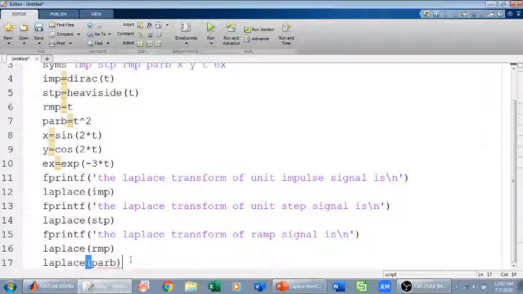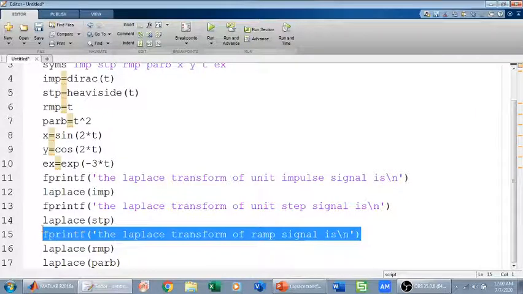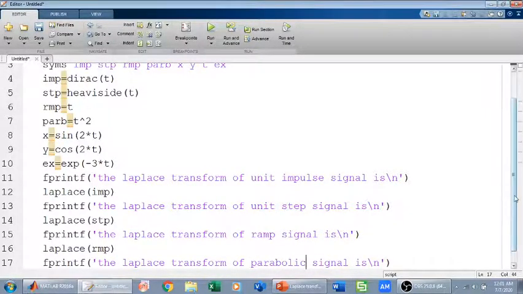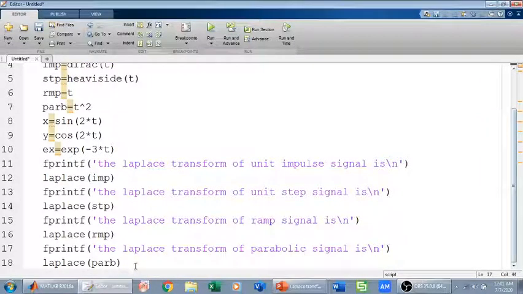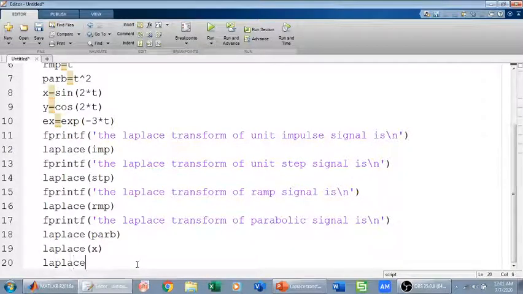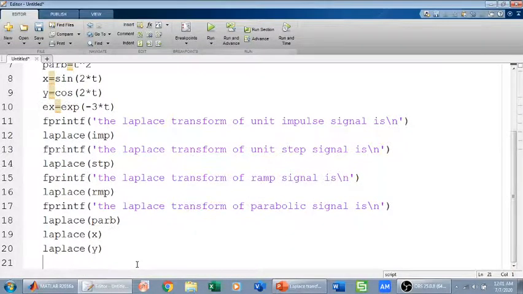So this is the Laplace transform of parabolic, and let me type it here as well so that it's more clear. Parabolic signal, fine. Then I can take the Laplace transform of sine function, which is defined as x. So I will say Laplace of x, and the cosine function, which is Laplace of y, and then the exponential function, which is Laplace of ex. So ex is my exponential function.